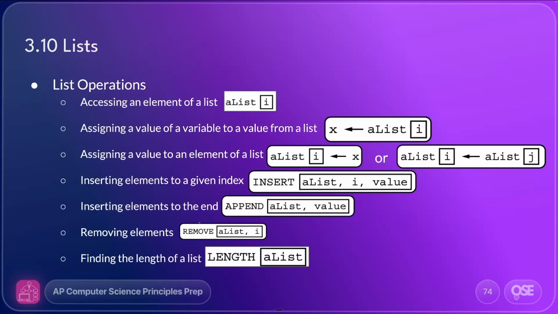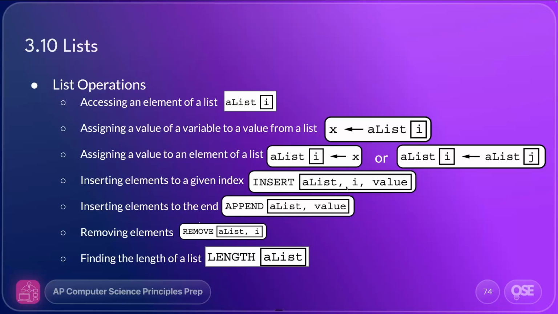3.10 is about lists. There's a lot of stuff about lists. Let's go over it. To access an element of a list, you use this kind of square bracket. To assign a variable to a value from a list, you use the normal variable syntax plus that element syntax. To assign a value to an element of the list, so basically do the opposite. Or if you have another element of the list that you want to assign to a different element of the list, you do this.